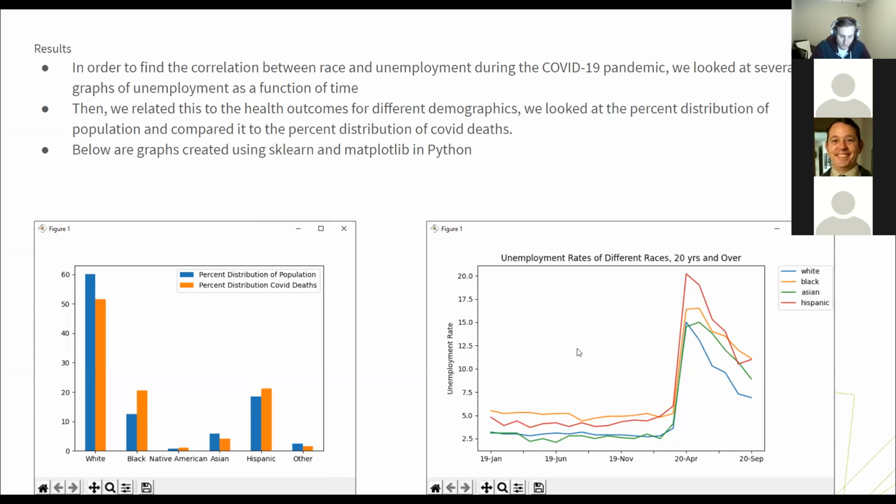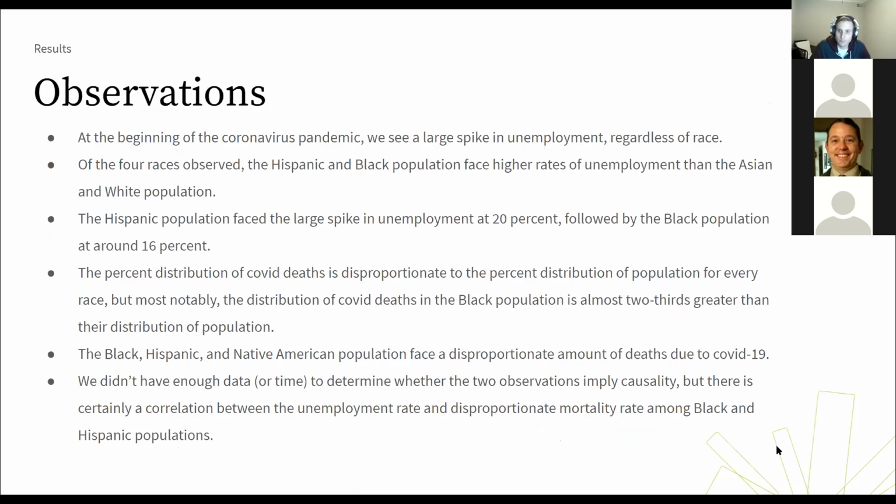I really like this visualization. I think it really clearly shows some important relationships between demographics and unemployment rates as the pandemic went on.